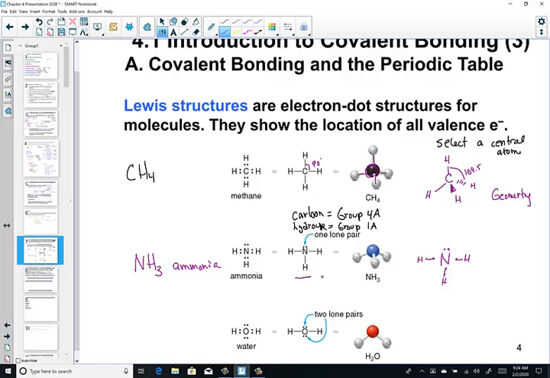When I draw the Lewis structure, I notice a lone pair on top of the nitrogen, a set of dots that are not involved in bonding. We'll learn how to read our VSEPR chart: when we have the central atom leading to 3 atoms and 1 lone pair, then we're going to call this trigonal pyramidal. It doesn't look like a flat object on a piece of paper.